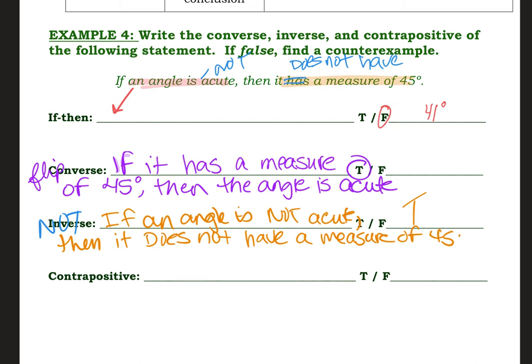Because the contrapositive, remember the longest one, this one always does both. All right, so we're going to look at what we have at the very top. With the nots, we're just going to flip it. So what should be the first thing we write then?